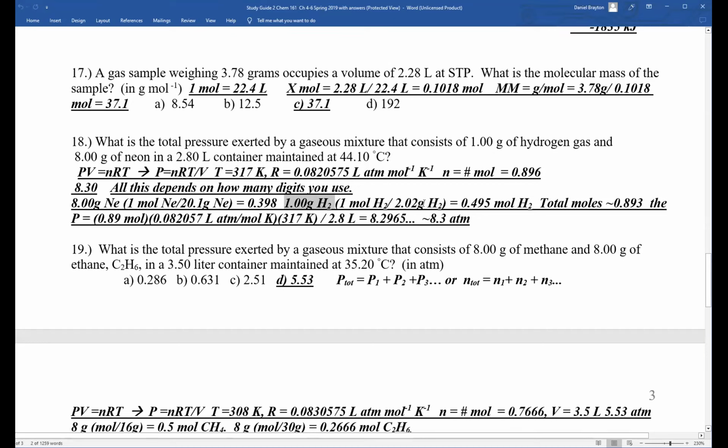So this is basically the trick with this problem. Usually if you missed this problem, that's why: you forgot about hydrogen being H2 and not just hydrogen, the atom, like neon, the noble gas, the monoatomic gas.